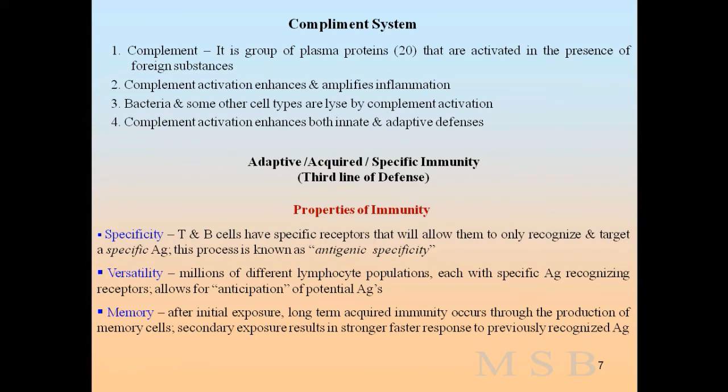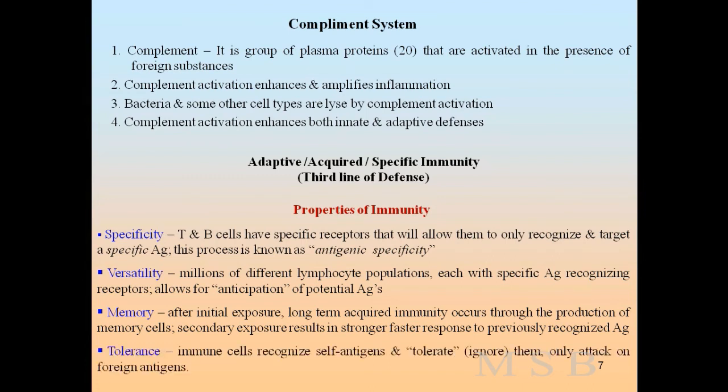After initial exposure, long-term acquired immunity occurs through the production of memory cells. Secondary exposure results in a stronger, faster response to a previously recognized antigen. Fourth property is tolerance. Immune cells recognize self-antigens and tolerate, meaning ignore, them and only attack foreign antigens.